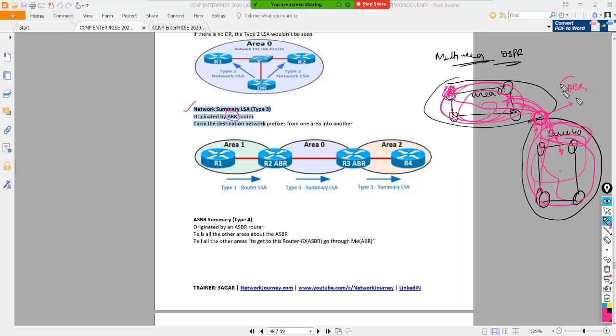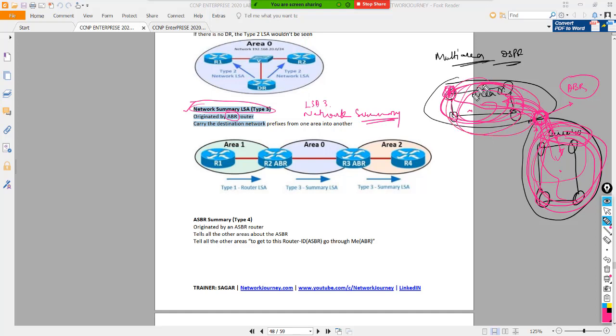Who is taking care of that? That's your ABR. So what is the ABR going to do? The ABR is summarizing the network, and we call this kind of LSA LSA3, or we can also call it network summary. Why do I use the word summary? Because whatever I have inside area 40 is getting summarized inside area 0.